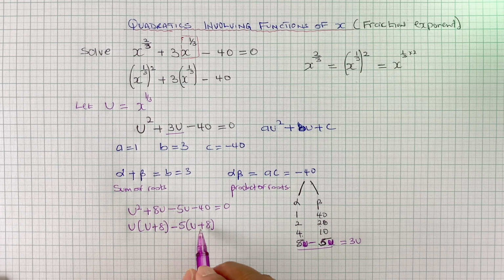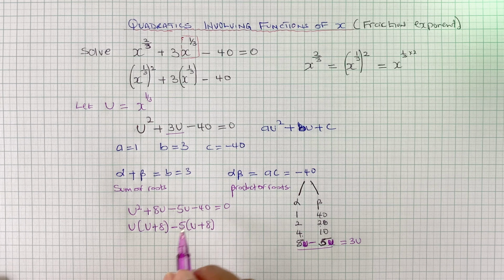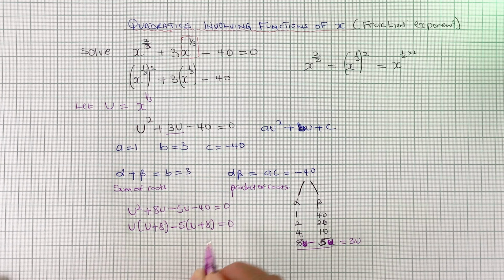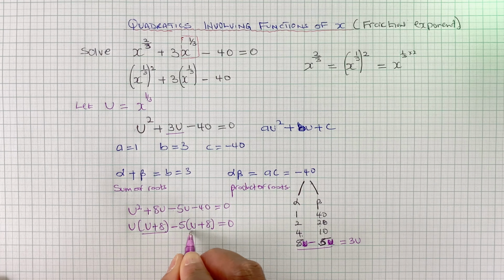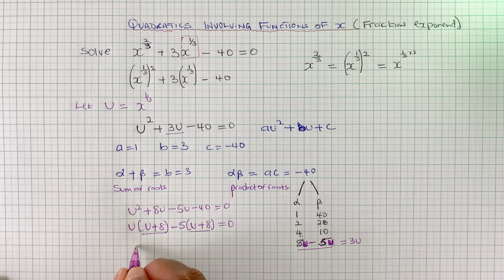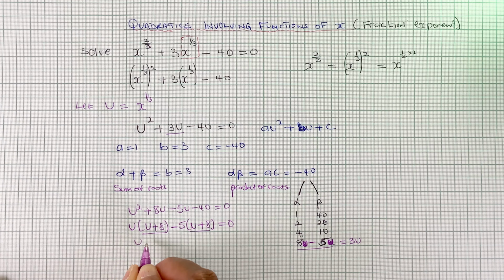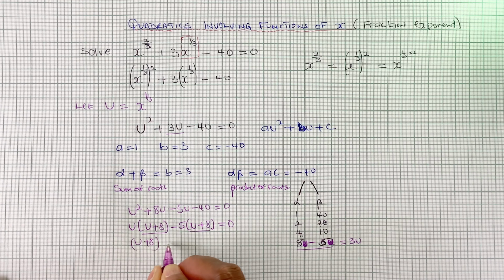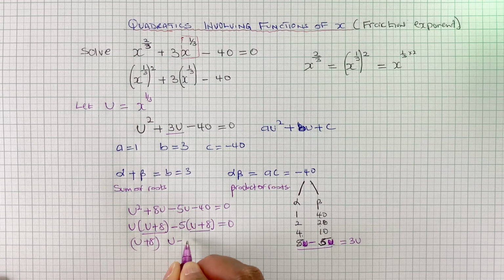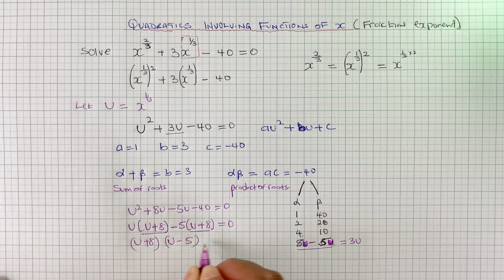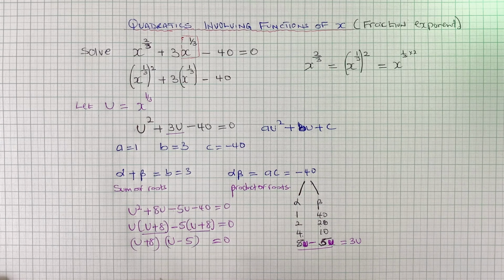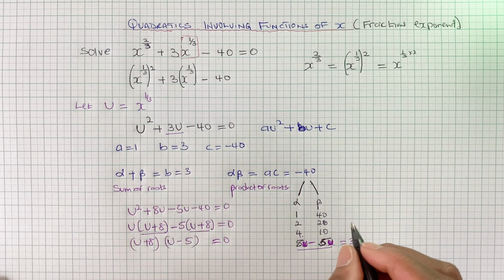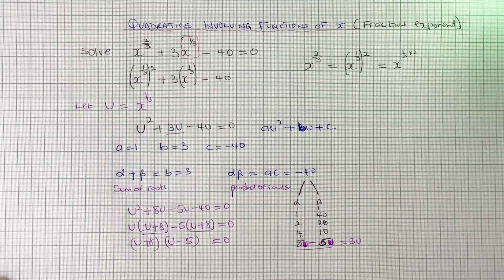Minus 5 times plus 8 is minus 40, and that equals 0. So therefore, I've got two same common factors here. So my factors are u plus 8 and u minus 5 equals 0.